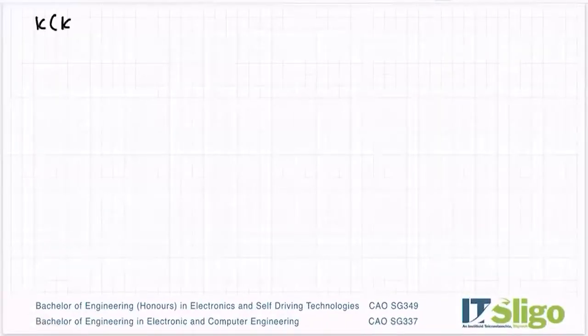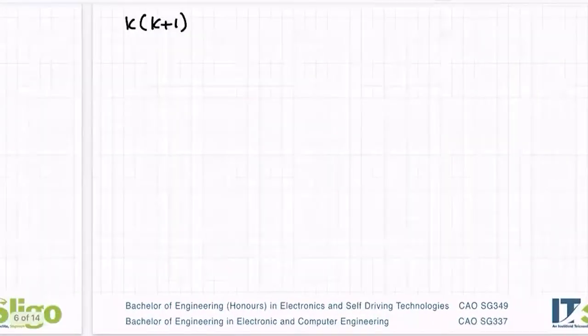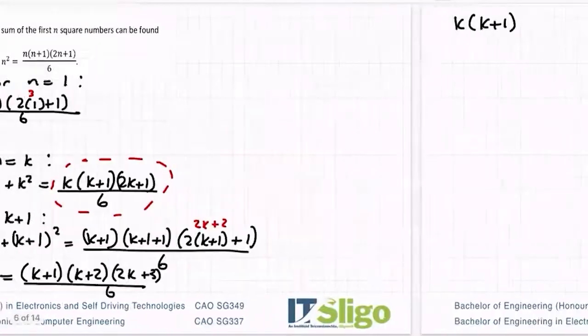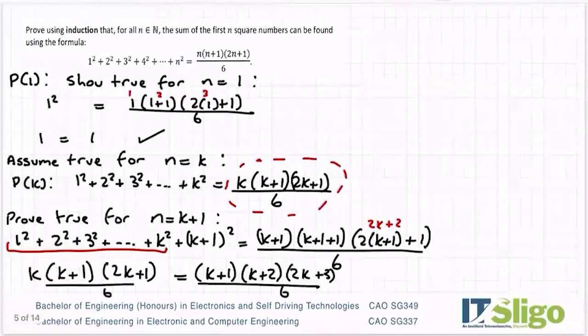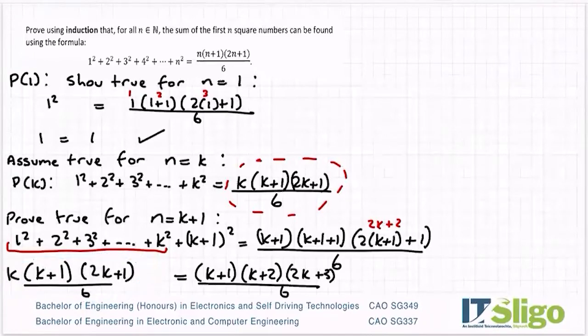I had k times k plus 1 times 2k plus 1, and I made a little error on this page. Let me show you what I did. I forgot to add on this bit on the left-hand side. Okay, so I have k plus 1 squared there as well.